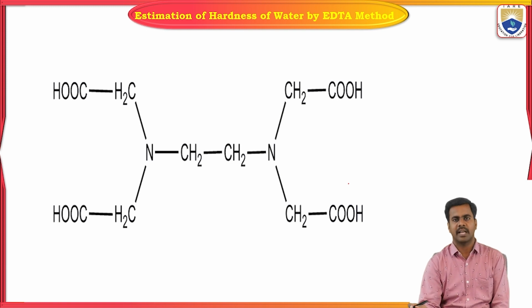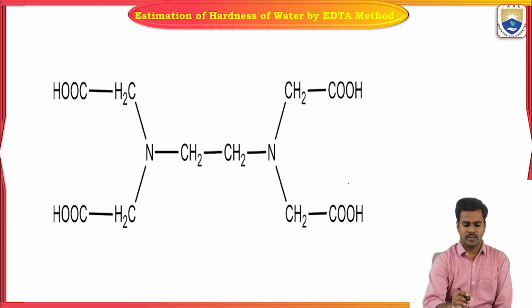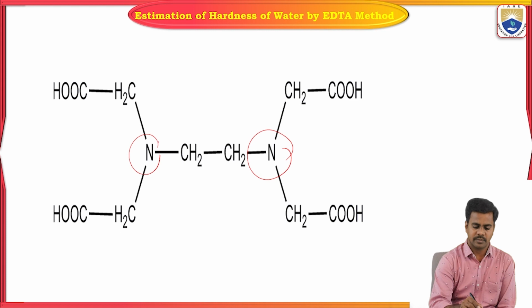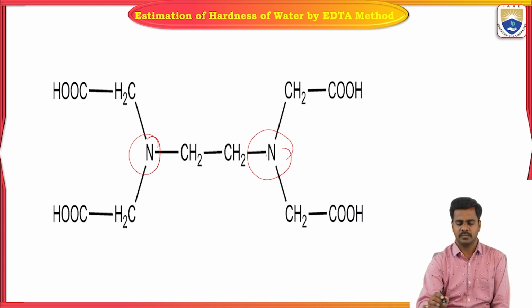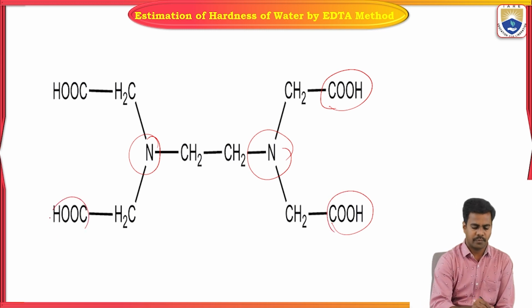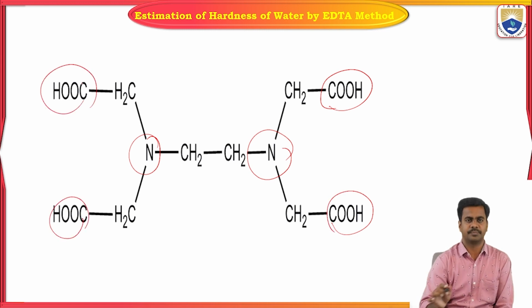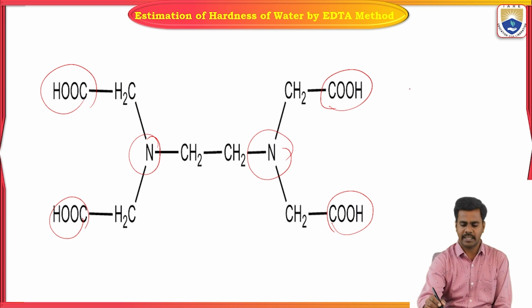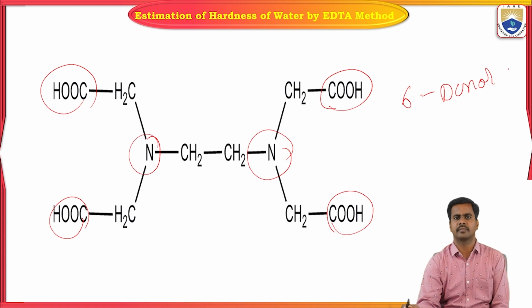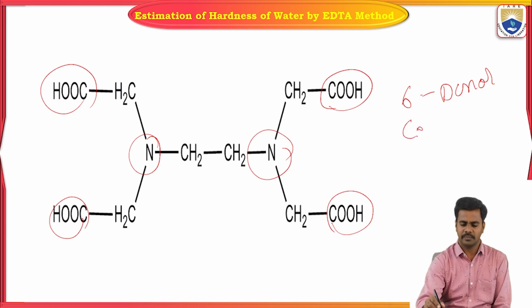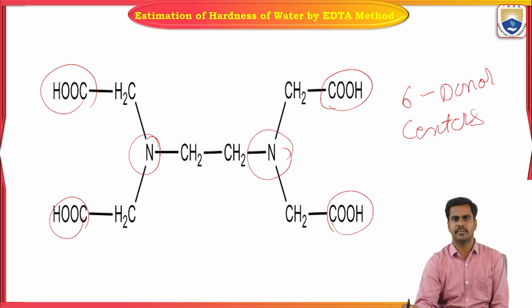Let us calculate the donor centers of EDTA. Here two nitrogens, and 1, 2, 3, 4, 5, 6. So, 6 donor centers are present in EDTA.